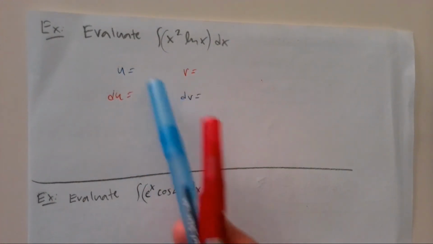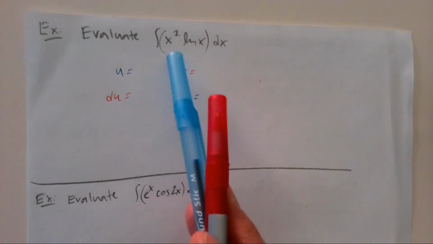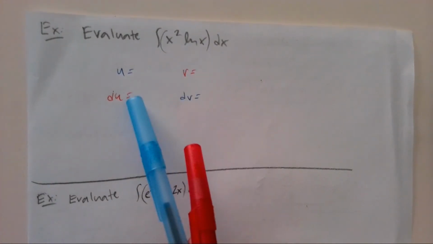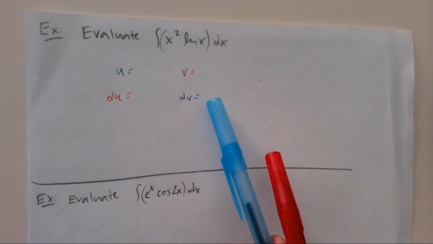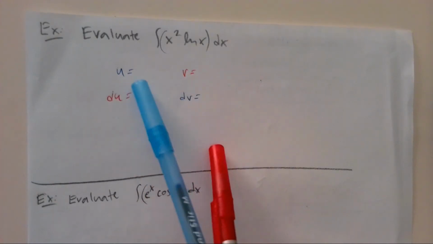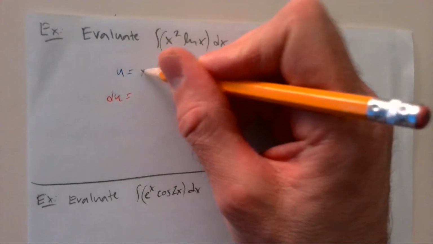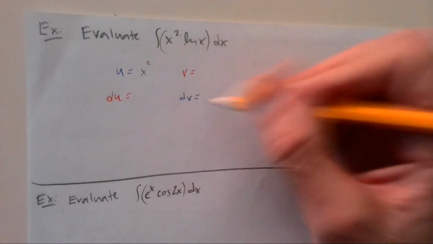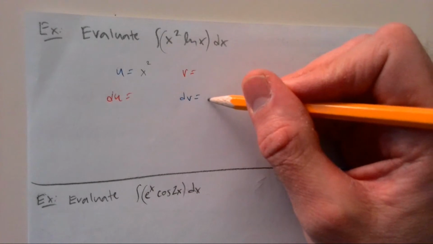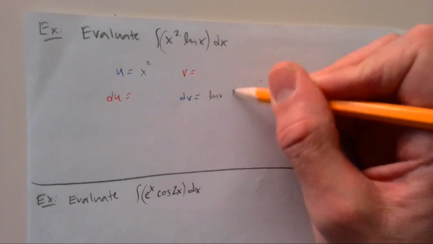You could let u equal x squared. The derivative of that is pretty simple. However, if you did let u equal x squared, then dv would have to be ln of x dx.